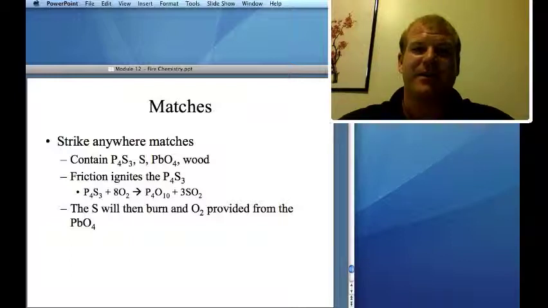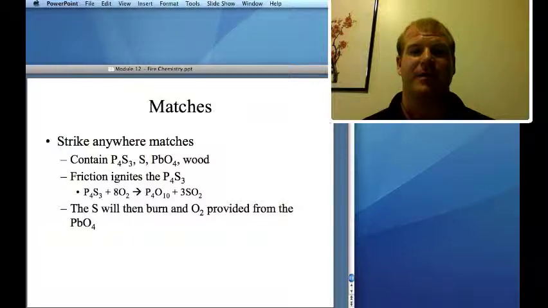So when you strike anywhere, the friction will ignite the tetraphosphorus trisulfide, and that will burn with oxygen in the air to form phosphorus oxide and sulfur dioxide. Then the sulfur burns, and oxygen is also further provided by the lead oxide. So the lead oxide is a source of oxygen for a strike anywhere match.